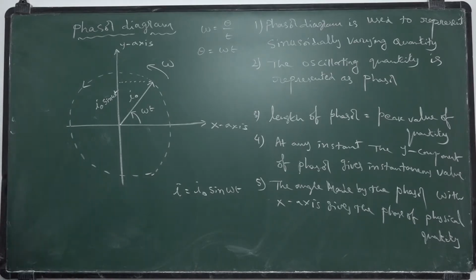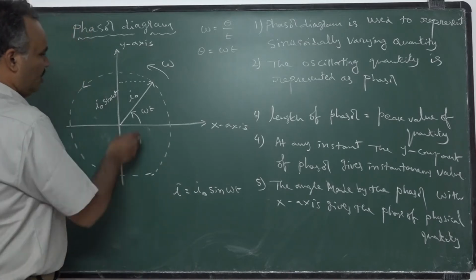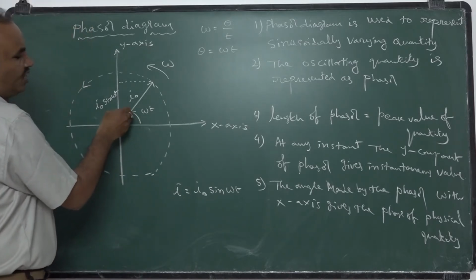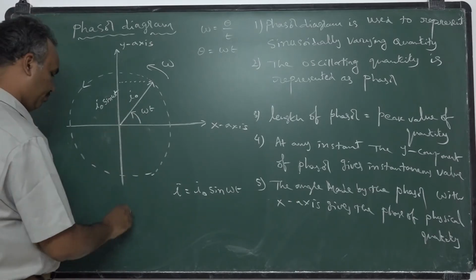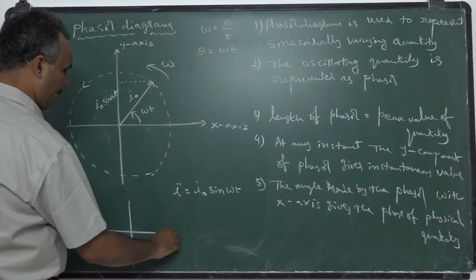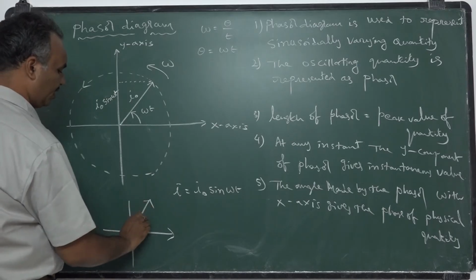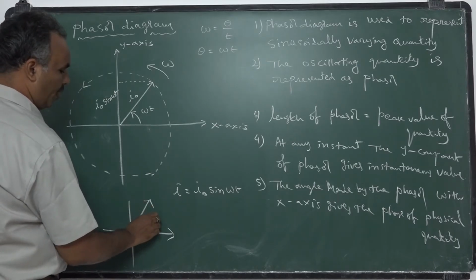Suppose this vector rotates through some additional angle phi, then the angle made by it is given by omega t plus phi.